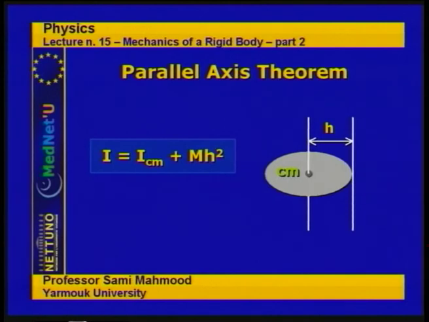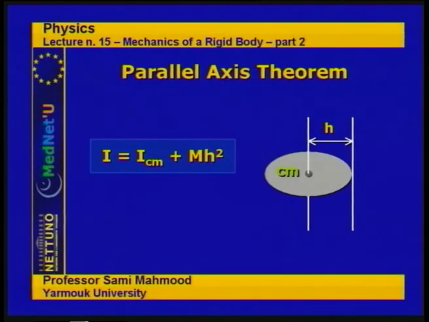The parallel axis theorem states that if we have an axis going through the center of mass, and the moment of inertia with respect to that axis is I_cm, then we can evaluate the moment of inertia of the body, in this example a disk rotating, with respect to any other axis that is parallel to that axis going through the center of mass.